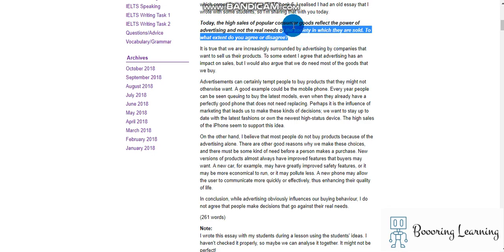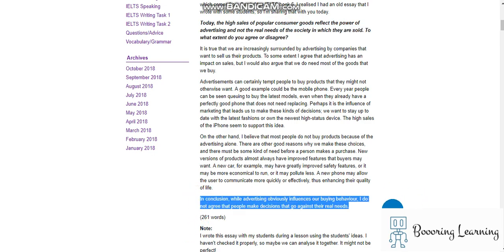Okay, so he generally advises to have one sentence for the conclusion: In conclusion, while advertising obviously influences our buying behavior, I do not agree that people make decisions that go against their real needs.